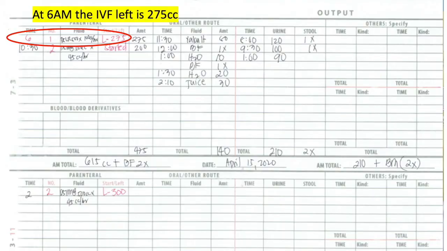So here you will see 6 a.m., the IV is D5LR 500 times 100 cc per hour. The left is 275 cc. So you will write under the start and left, L 275, and the amount consumed is 275.